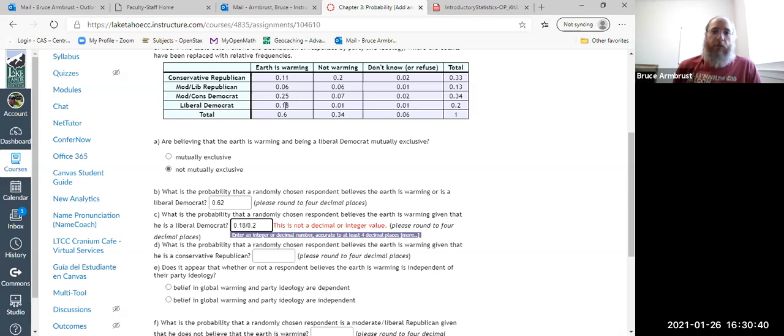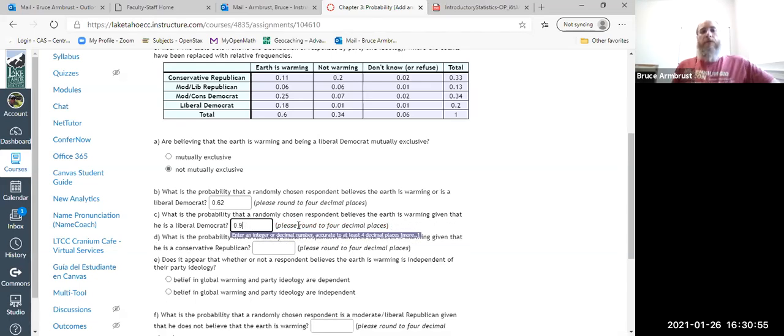Those that believe the earth is warming is 0.18 out of a total of 0.2. So if you do that division, you should get 0.9. So 90% of the liberal Democrats that were asked believe that the earth is warming. That's what this data tells me.